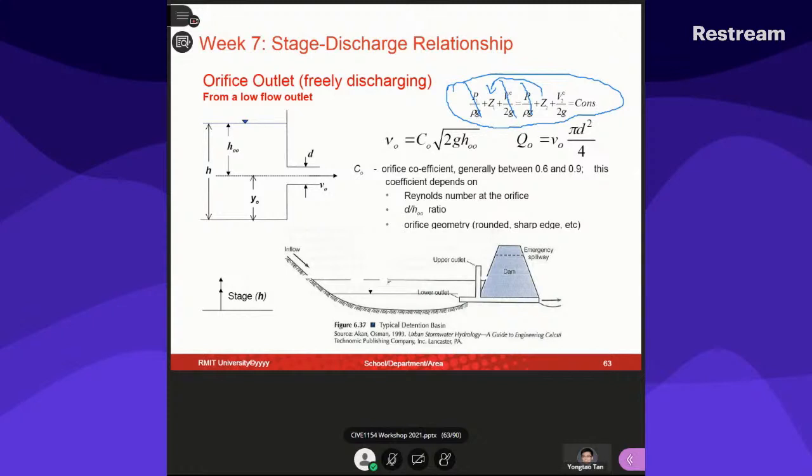So this is the orifice with free discharging outlet, but the inlet submerged.